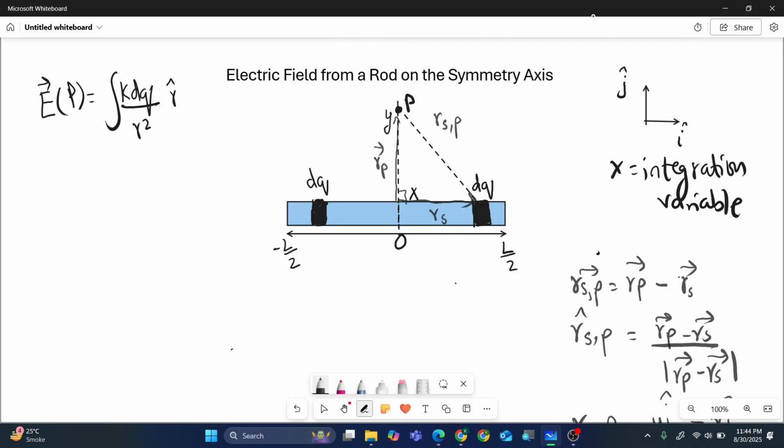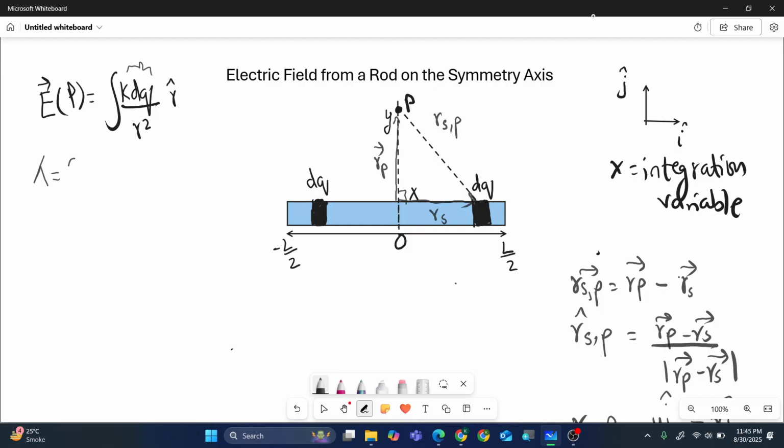So now I know what my unit vector is, and I know what my distance is. Now the thing which I need to talk about is this dq here. In the previous lesson we covered charge densities, and since I have a rod here, the charge density I'm going to talk about is linear charge, line charge density, which is represented by lambda.